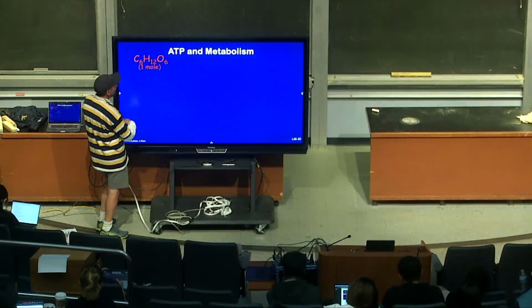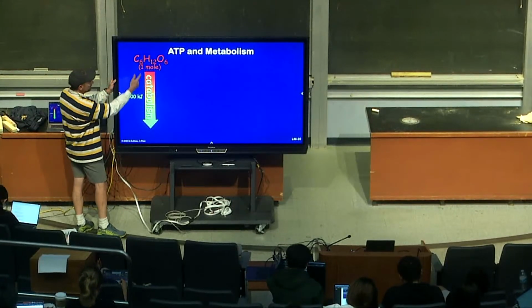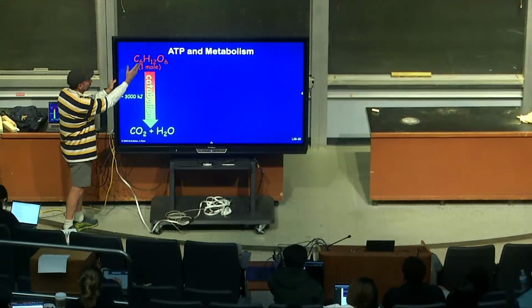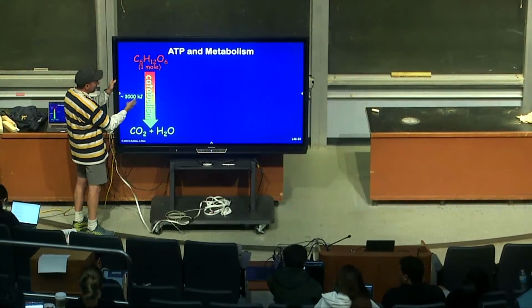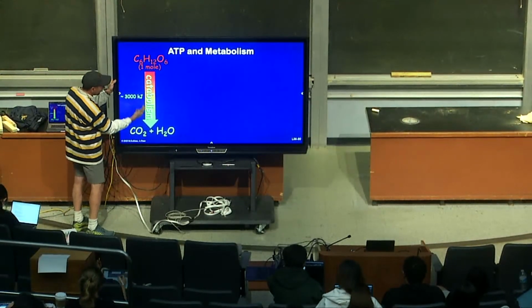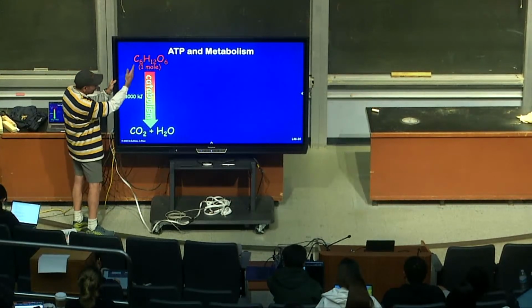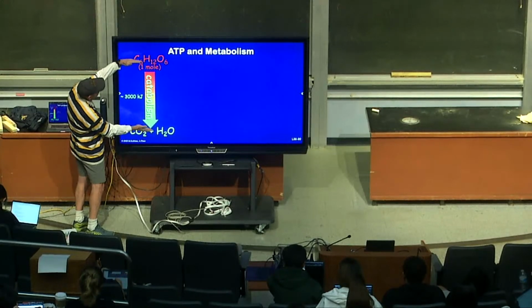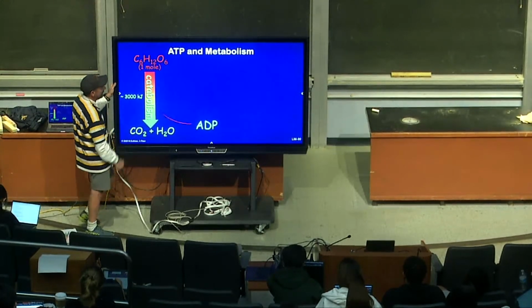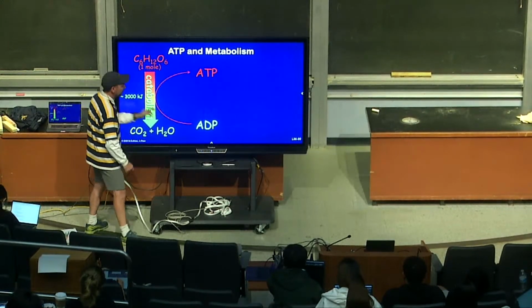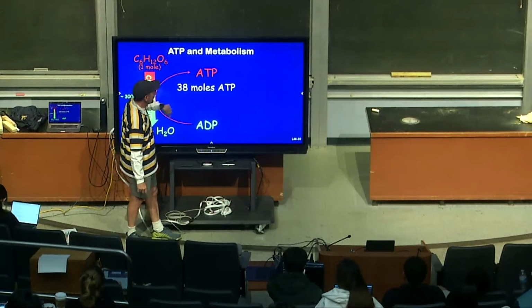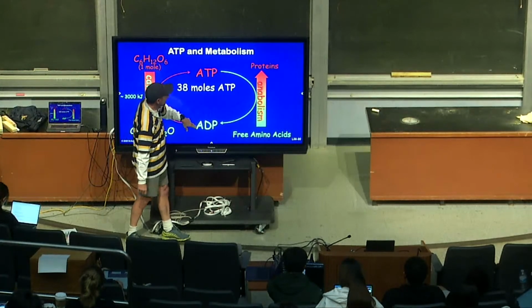So we look a little bit more at the thermodynamics. You can take that glucose, and it releases about 3,000 kilojoules per mole when you do this process. We know this process now happens in a very complicated and beautiful way, but it's coupled to making ATP out of ADP.